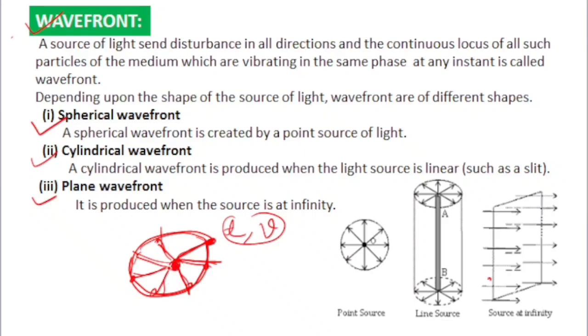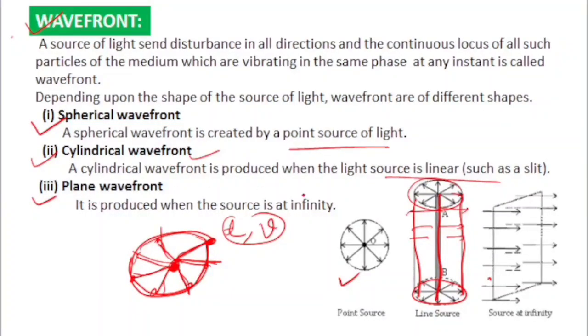Second one, if the source is a linear source, again each point on this sends disturbance in all directions. So if you join the locus of all these particles which are vibrating in the same phase, you get one cylinder. So this is called cylindrical wavefront. So if the source is a linear source such as a slit, we get cylindrical wavefront.